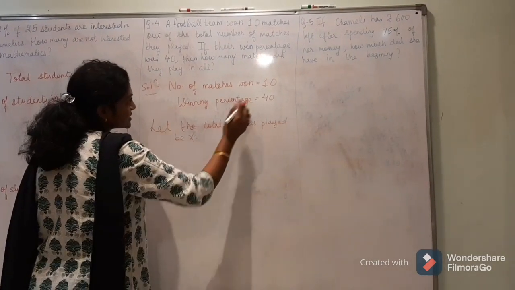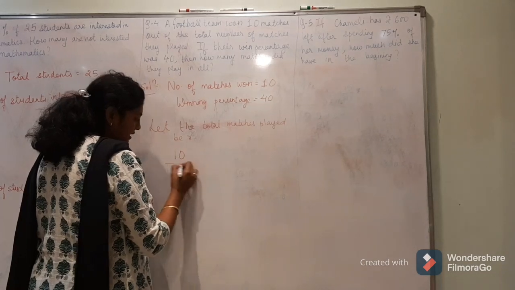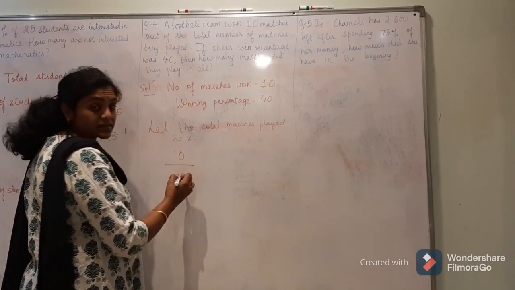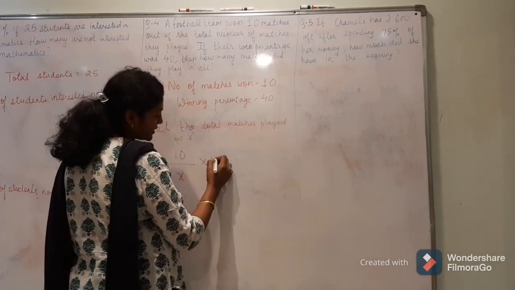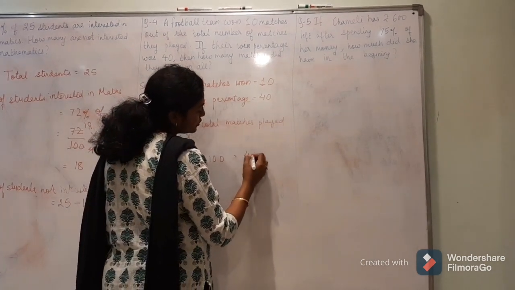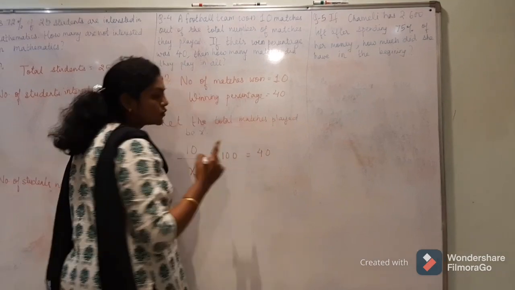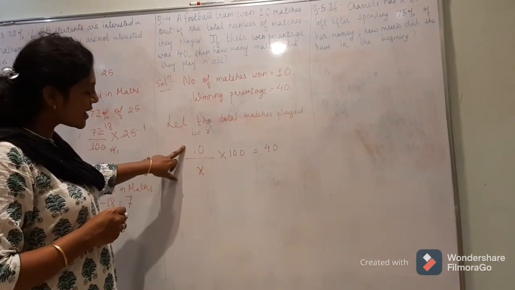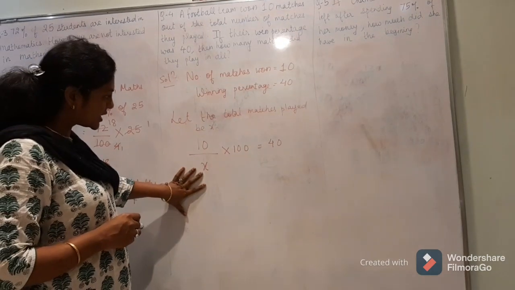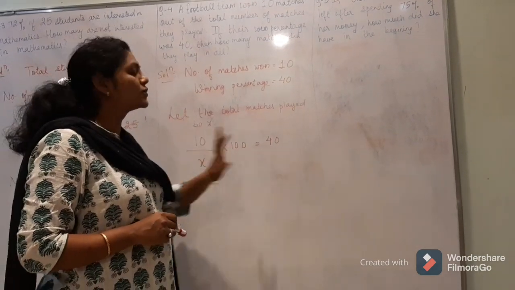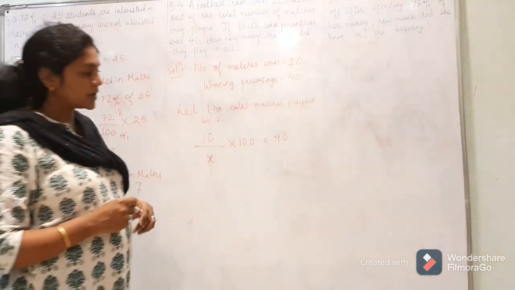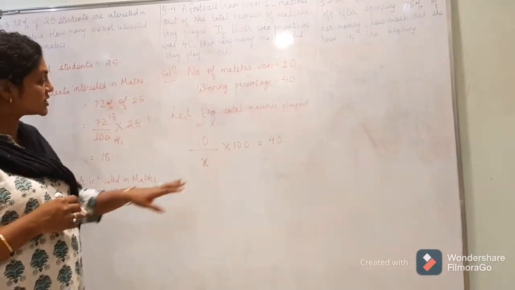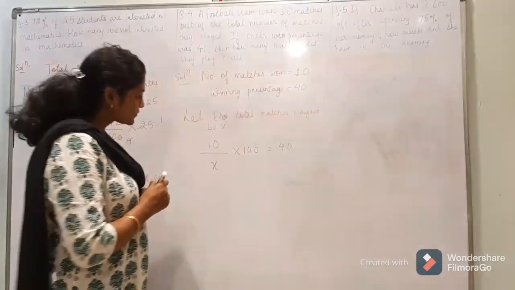Winning matches, that is 10, divided by the total matches, that is X, into 100 is equal to 40. This is how you are finding the percentage. जितना win किया divided by total into 100 is equal to 40. अगर आप 40 by 100 भी लिखते हो तो भी चलेगा. अब मुझे x निकालना है.